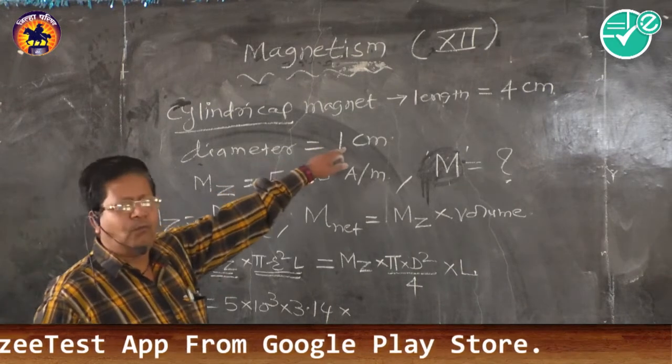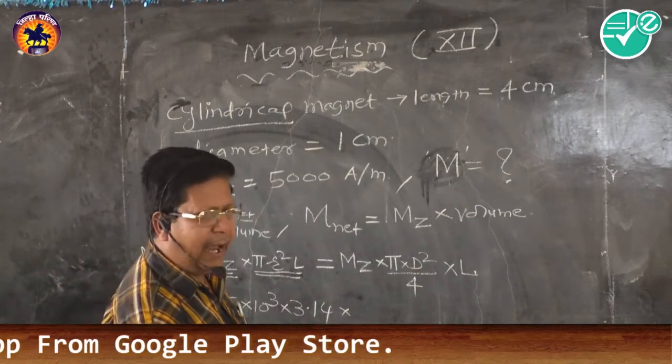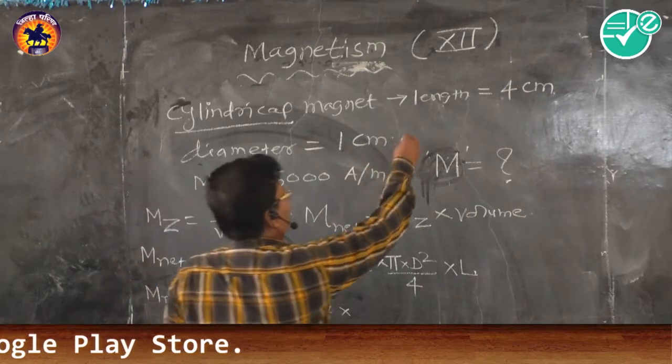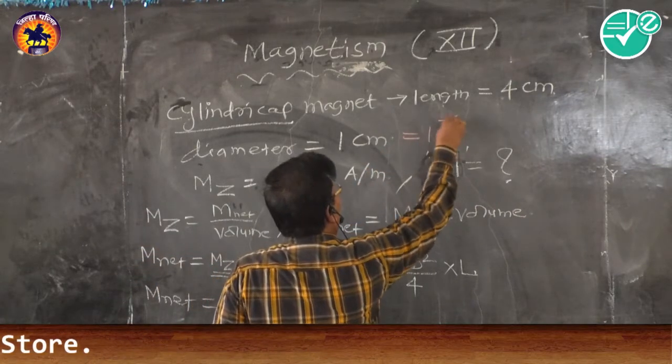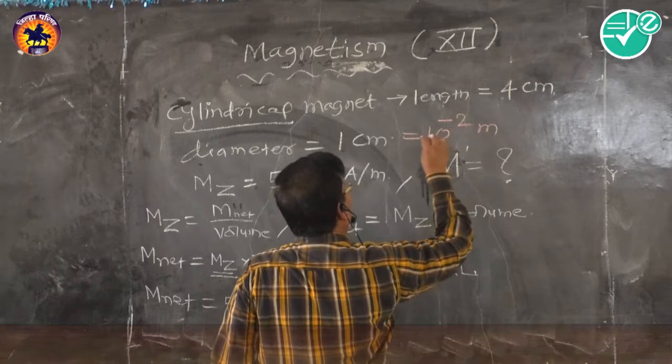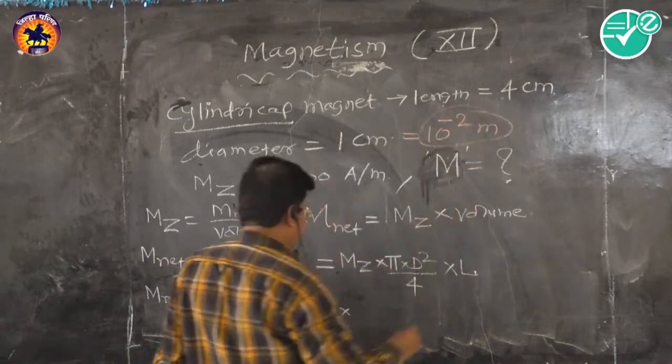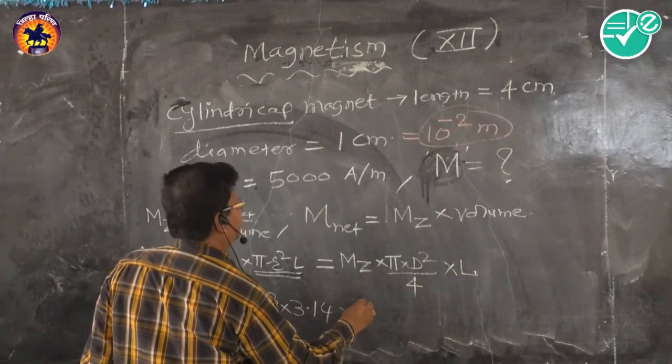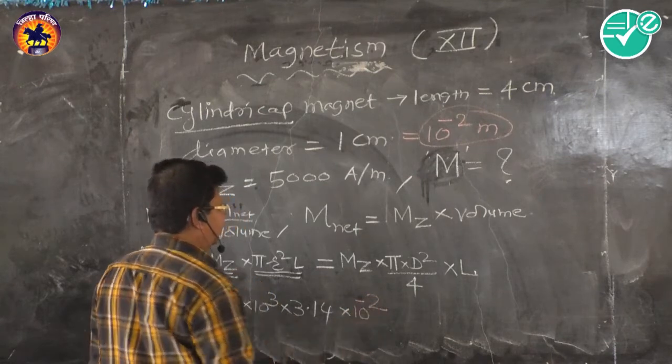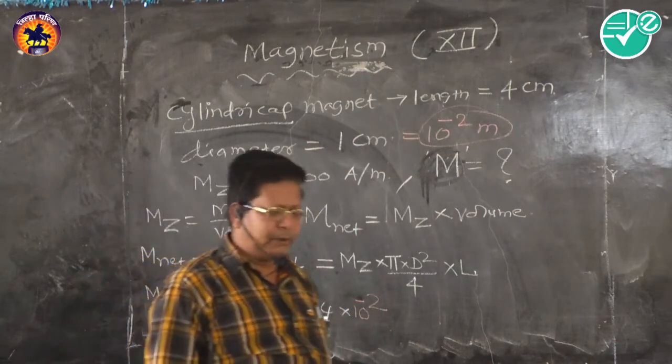Diameter is given 1 centimeter, and 1 centimeter is equal to 10 to the power minus 2 meter, and therefore we substitute this value 10 to the power minus 2 meter.